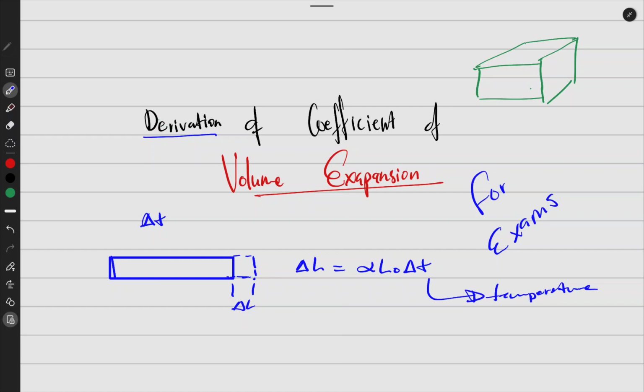This alpha is your coefficient of linear expansion. That's what we're going to use to go about this derivation.